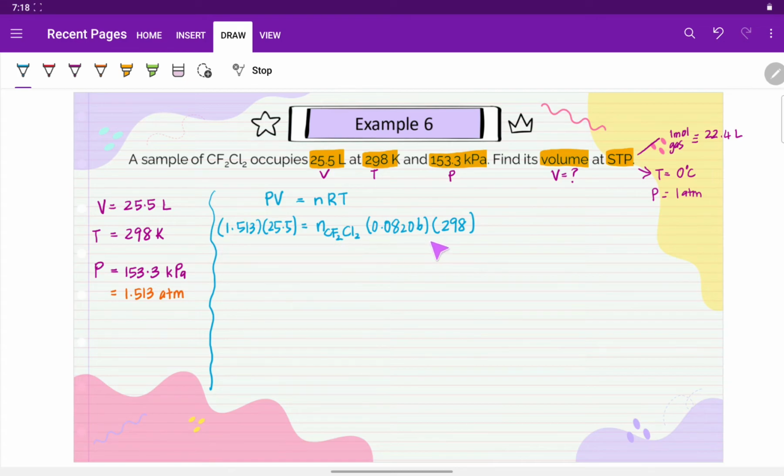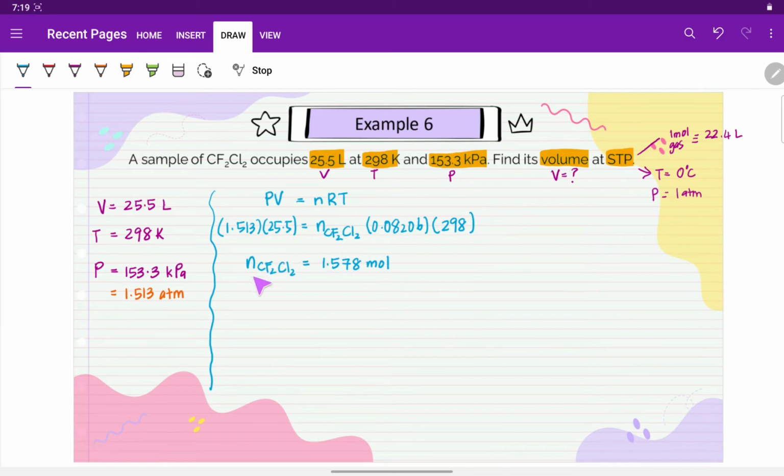Okay, so ini kita punya substitution. Saya tulis siap-siap dekat sini number of mole of CF2Cl2. Okay, now dekat sini temperature kita tak perlu buat apa-apa sebab dia dah bagi dalam Kelvin. Walaupun tak ada 0.15 tu, it's okay because the initial information is given in Kelvin. So rearrange everything over here and you should get the number of mole as 1.578 mole.